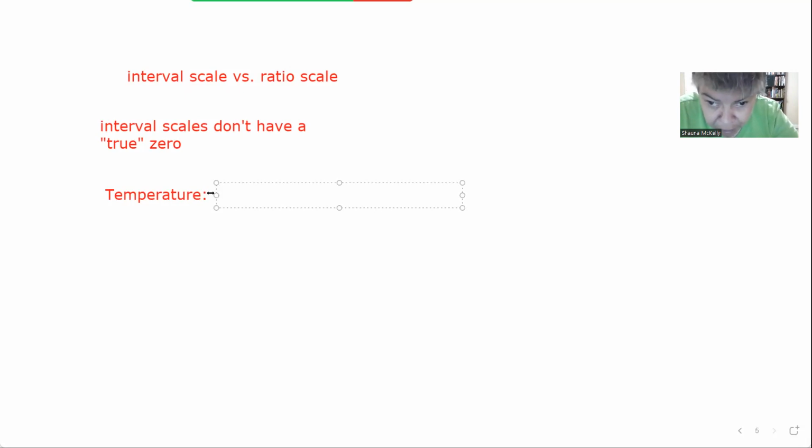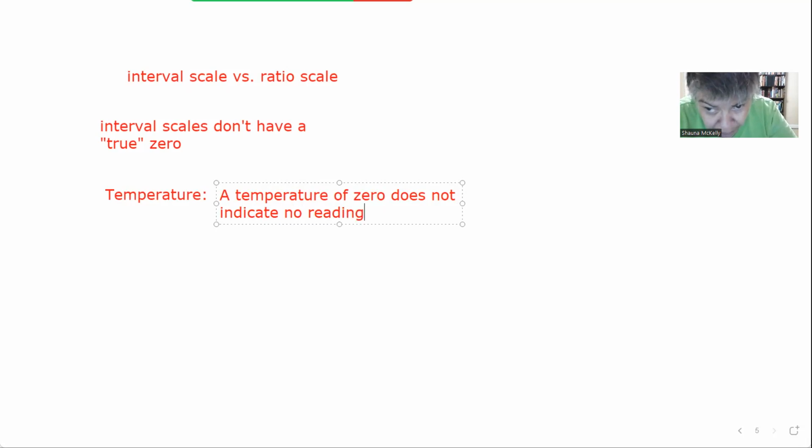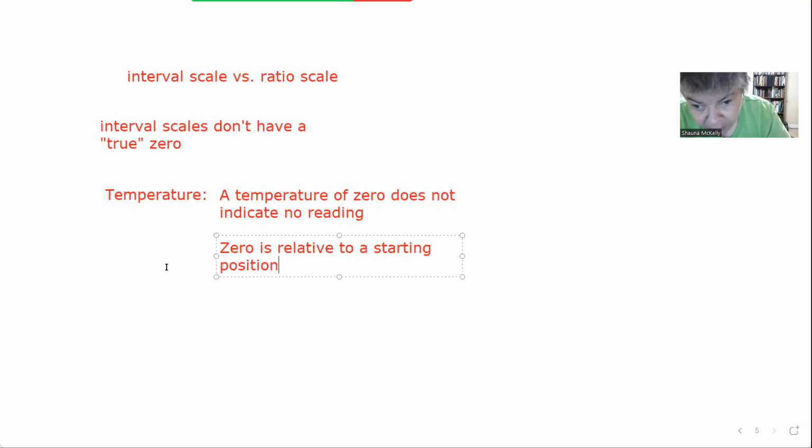So a temperature of 0 does not indicate no reading, right? So it's 0 relative to where we start. 0 is what we call a relative position, relative to where you are. Like an origin position, right? Temperature is a big interval scale. Generally, IQ scores, this is a little bit of a debate, but you'll see this one.